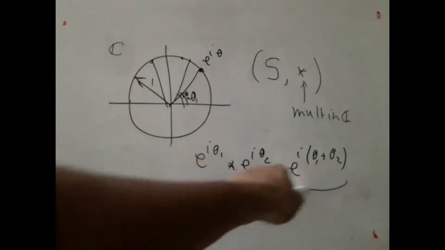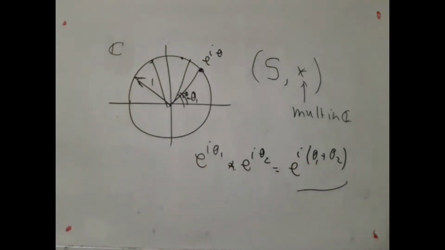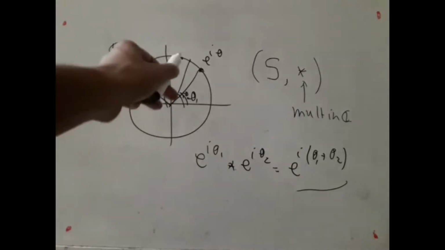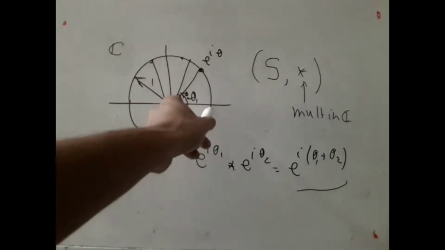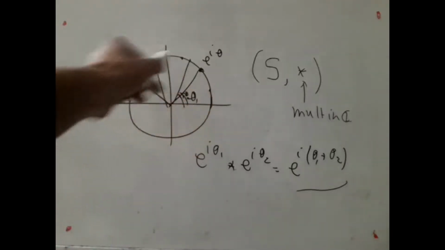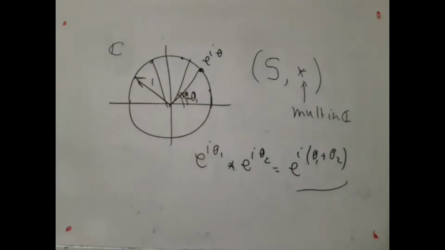Since it is again of the form e to the power i times some real number, we have another point on the circumference. And when I keep on adding, they will wrap back. So after 360 degrees, they will come here and it will continue to go like this. It will never move out of the circle.